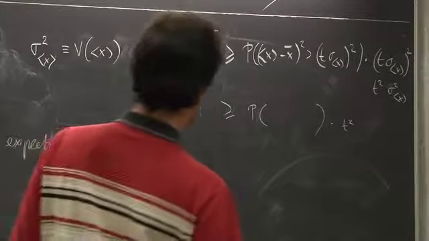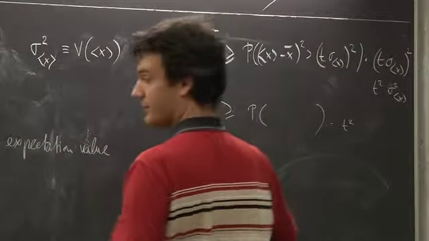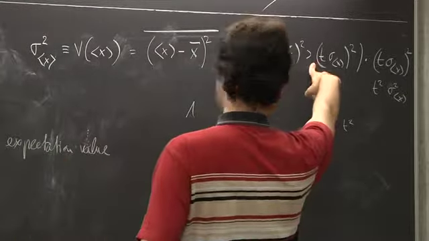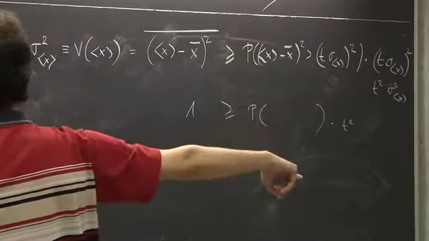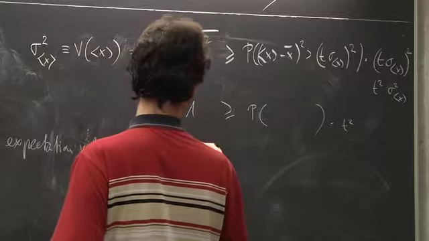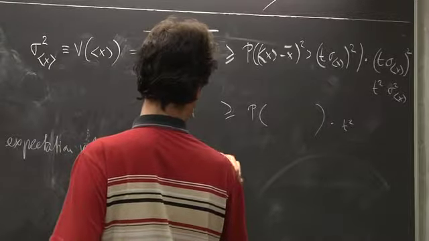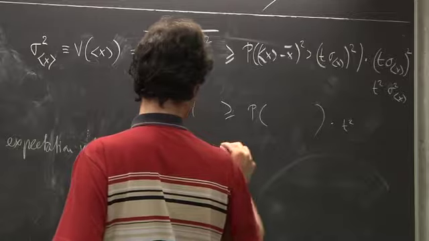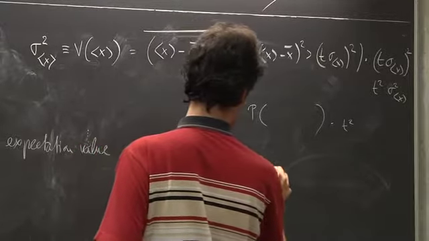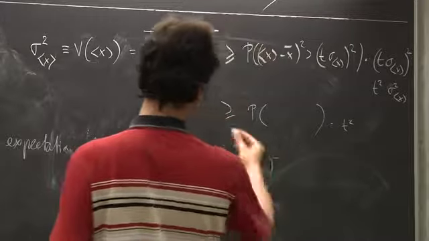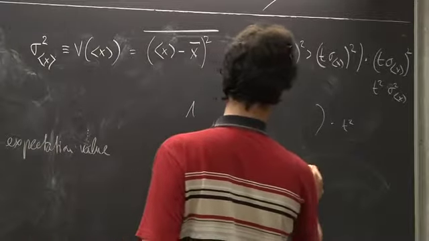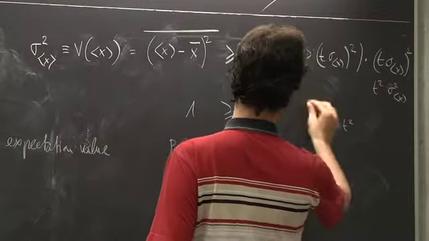Okay. So the probability that we wrote here is 1 minus the probability here, because here it's smaller, here it's bigger. So the probability that this x minus x bar, absolute value, say, squared, is smaller than t sigma x squared, or you can also take away the square, is equal to 1 minus this p here.